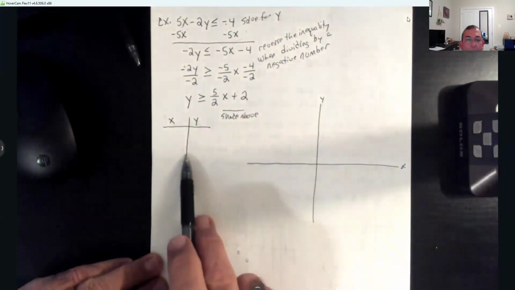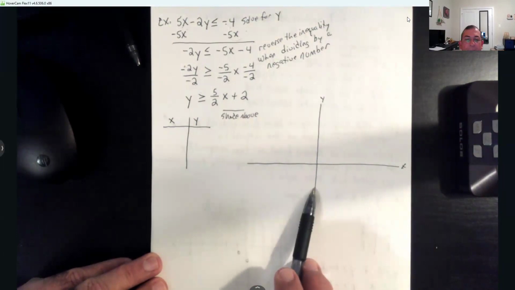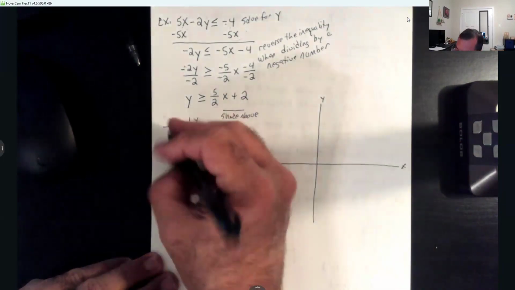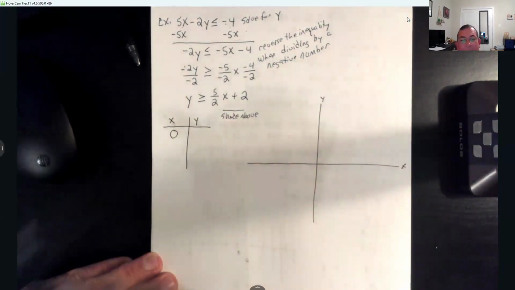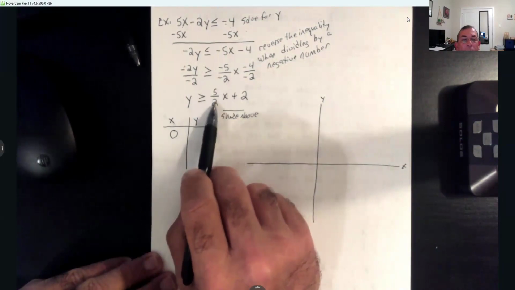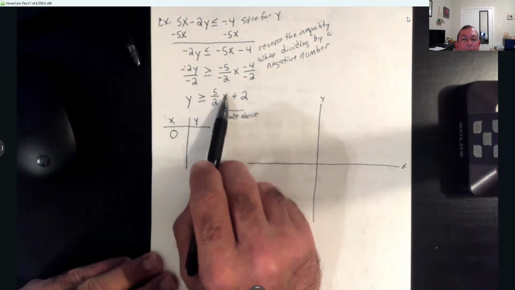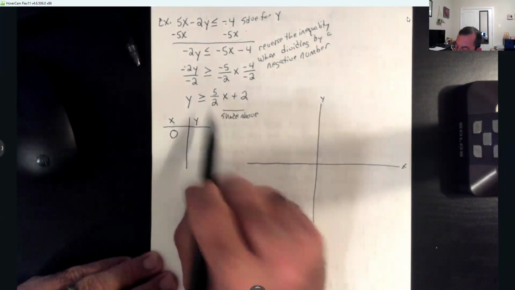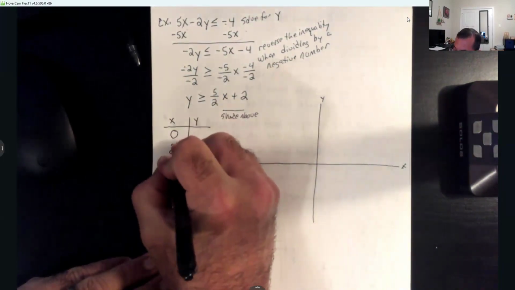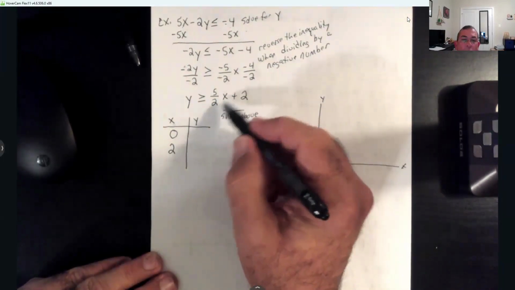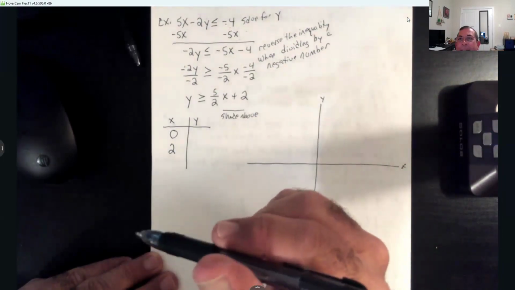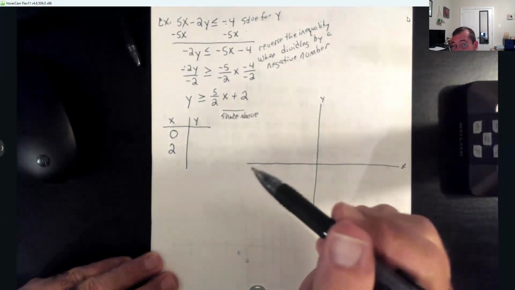All right, so let me see what kind of points I use to figure out my scale here. I'm still going to use 0. Now, my second number, I'm going to use a 2 because I've got a fraction in front of the x with a 2 in the bottom. And that's how you can sort of get rid of plotting fractions, okay?